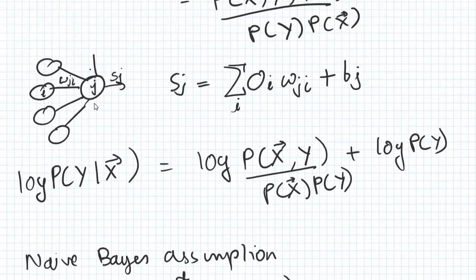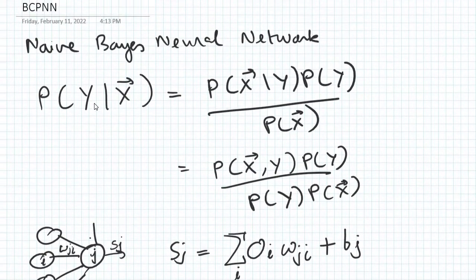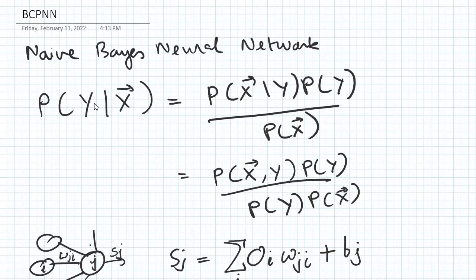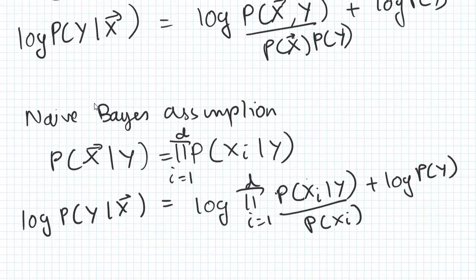So what we've done is just taken this form of the equation, disregarding this. Just take p of the vector x given y, and we write it as the product of p of x_i given y. Also, since I've written p of x_i, I've also assumed p of x can be factorized into its products.